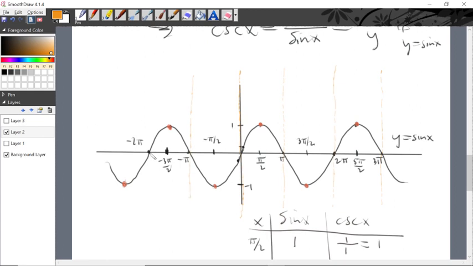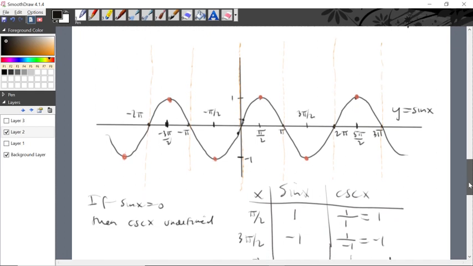Okay, here we go. All right, this is just going to keep repeating like that, right? If the sine of x is equal to 0, then the cosecant of x is going to be undefined there, right? So I have a vertical asymptote. And it's important to investigate how we are approaching that asymptote.